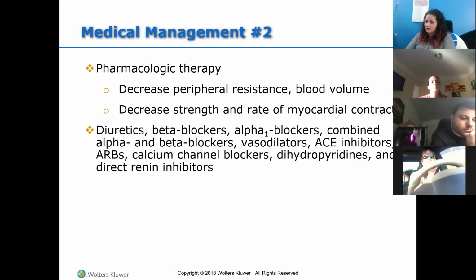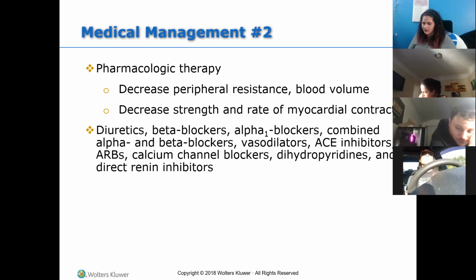Let me see if I can find one. Beta, calcium. I don't have an alpha.